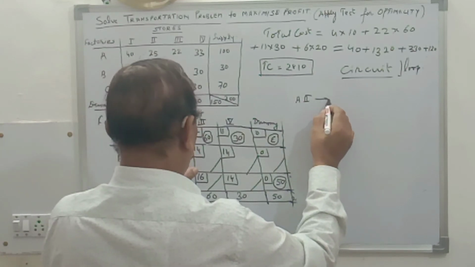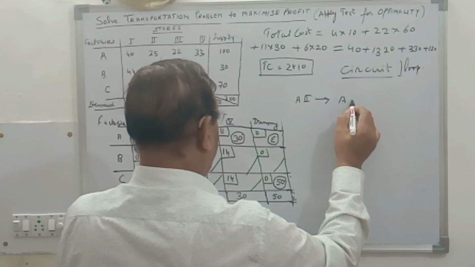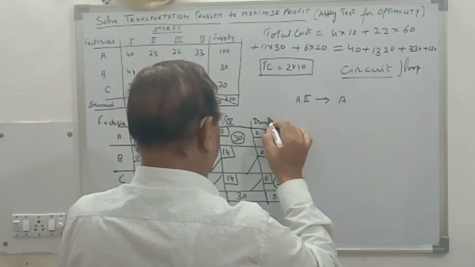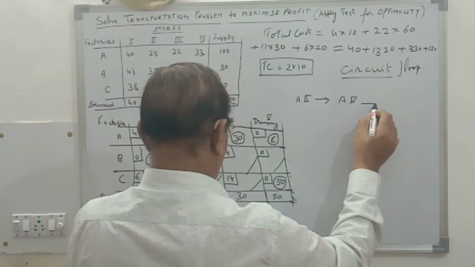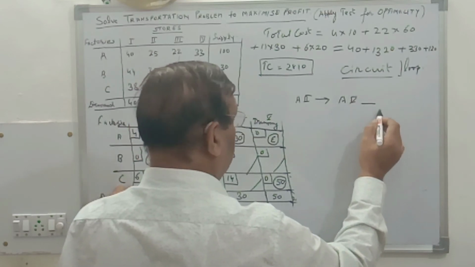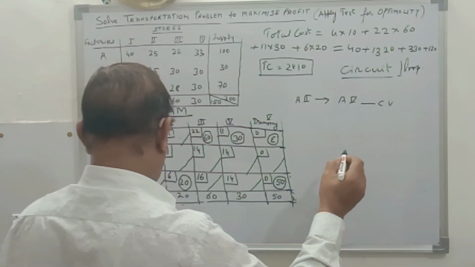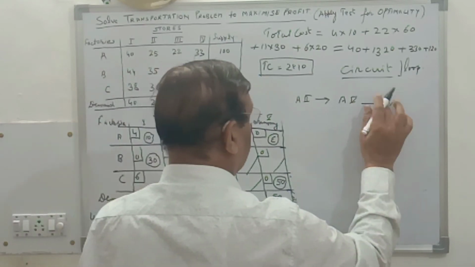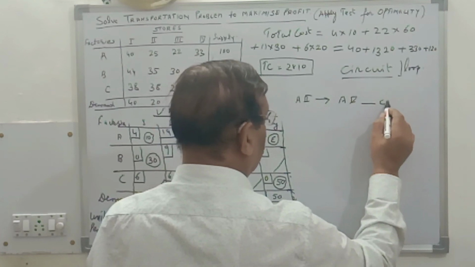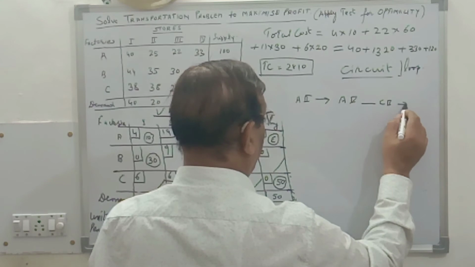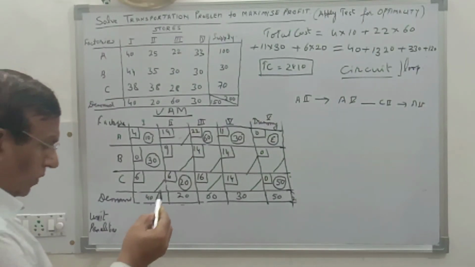From A2 move to A dummy, or you can say this is the fifth, A5. Then to C5, then to, not C5, this is second, C2, and again to A2. Try to understand from this.